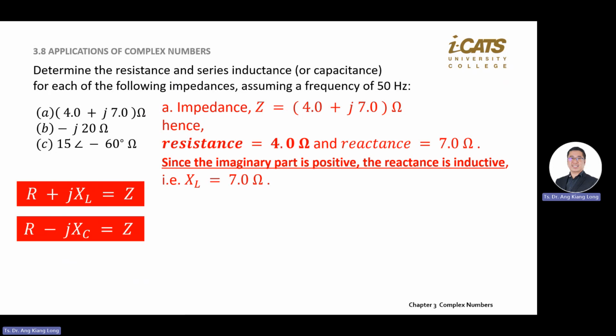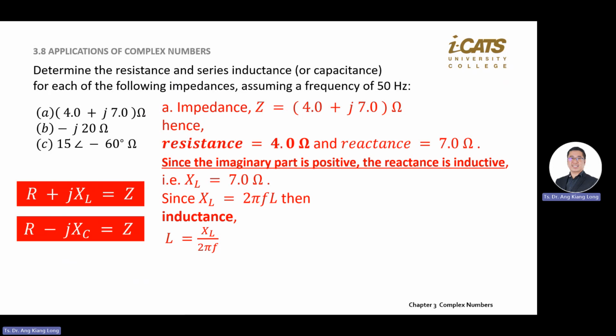We have inductance and capacitance. If you see a complex number with positive, it is under inductance circuit design. That means the circuit has the L symbol. So XL equal to 7. Then recall this circuit design formula: XL equal to 2 pi frequency L. You want to find inductance, which is your L. So 2 pi FL equal to 7.